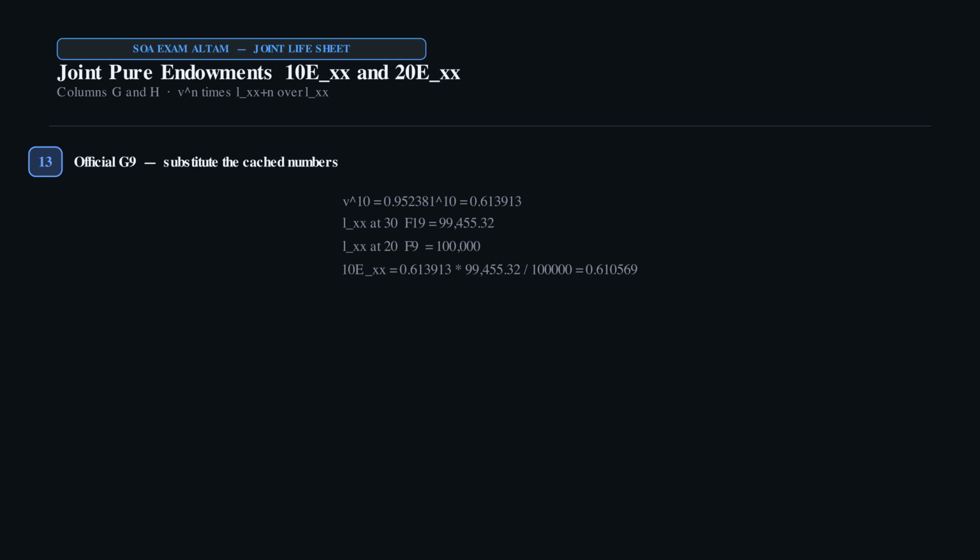Joint lives at 30 are 99,455.32. Divide by the age 20 radix of 100,000 and multiply. Cell G9 is 0.610569. Almost all of the 0.6139 discount survives because joint mortality is still tiny from 20 to 30.